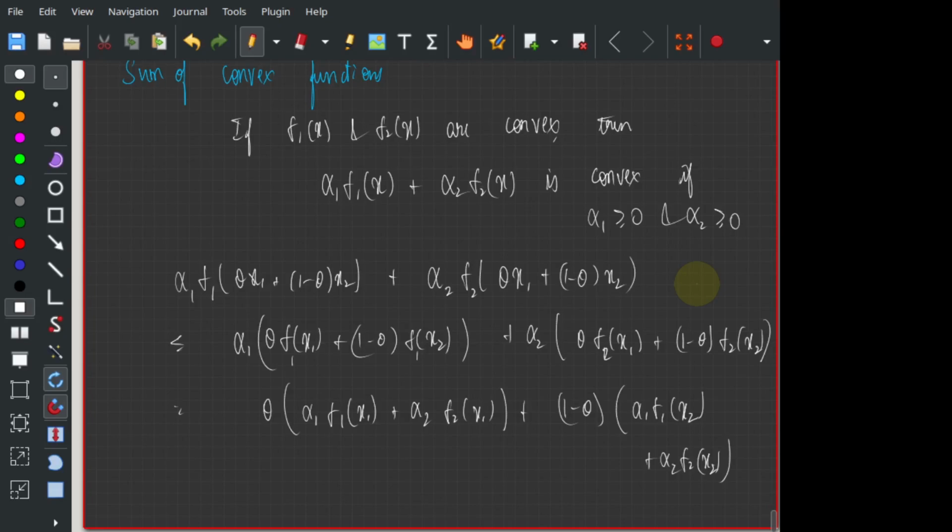Okay, so now what other operations would preserve convexity?